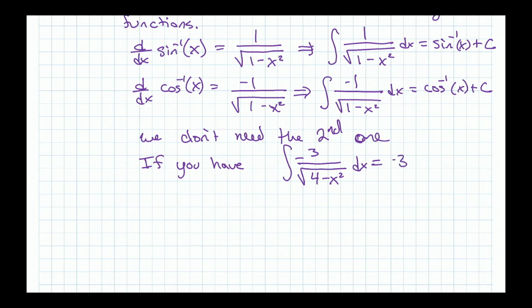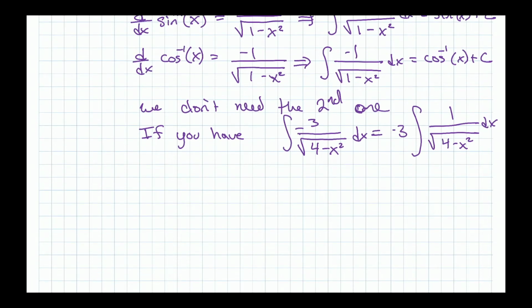You can take minus 3 times the integral of 1 over square root 4 minus x squared dx. And once the minus is out, you could use a sine inverse formula. So cosine inverse? No. Sine inverse.